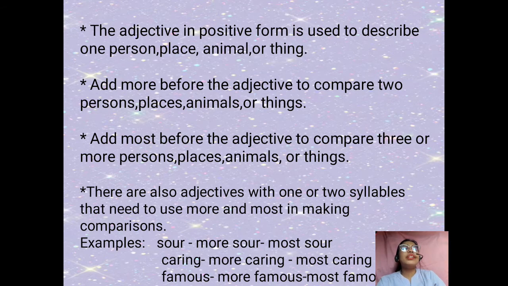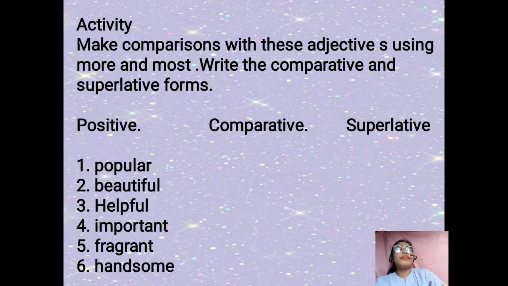Okay, so gagamit tayo ng most bago ang adjective. Okay, kapag ang adjective natin under superlative ay mayroong 3 to 4 syllables or 3 or more syllables. Okay, 3 or more.